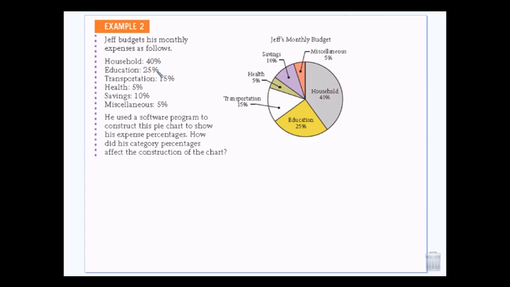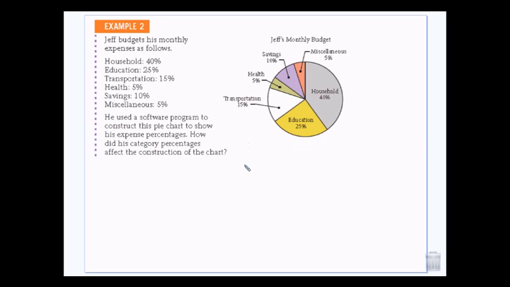40% to household, 25% to education, transportation 15%, health 5, savings 10, miscellaneous 5. Now it cannot go above 100%. 100% is the total amount of money you have. So if your expenses are like 120%, that doesn't work. You only have 100% to spend.